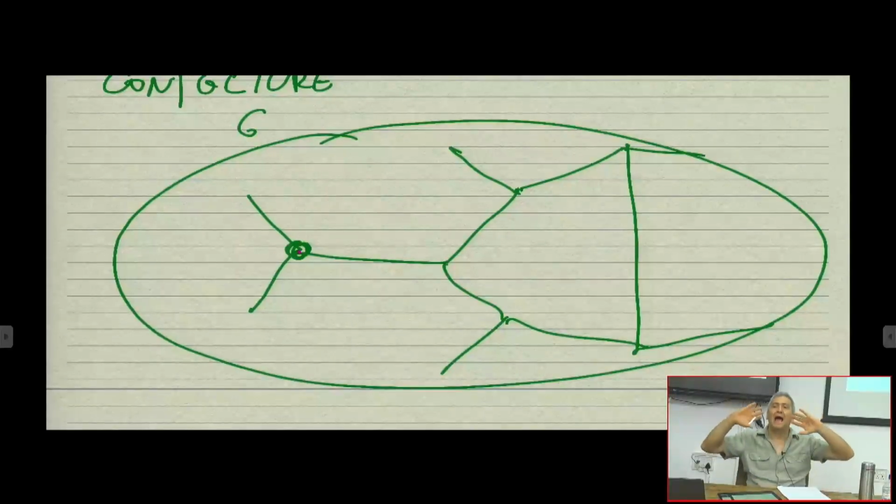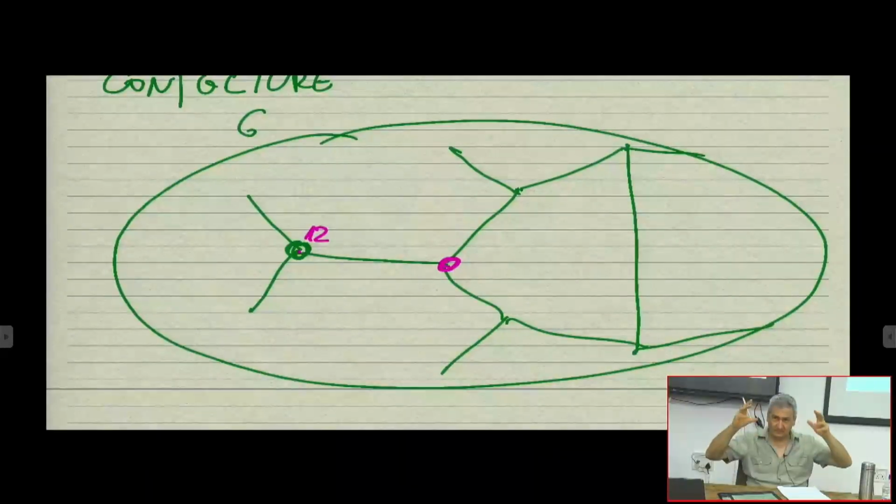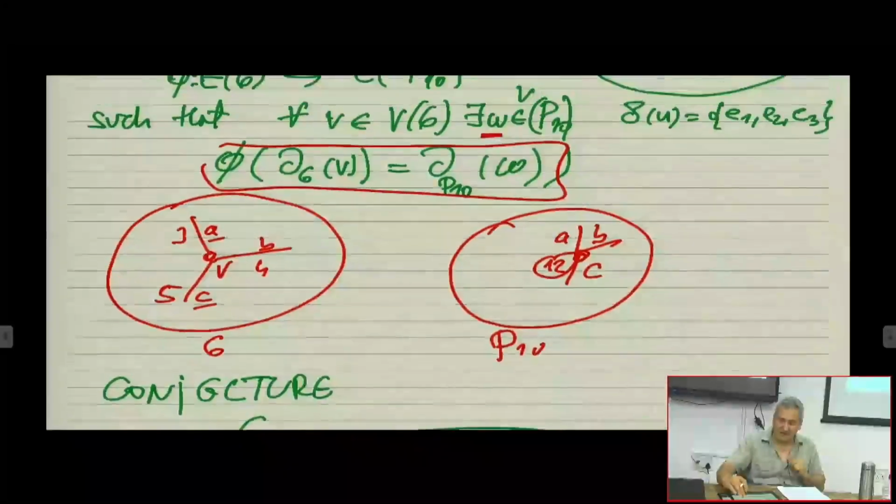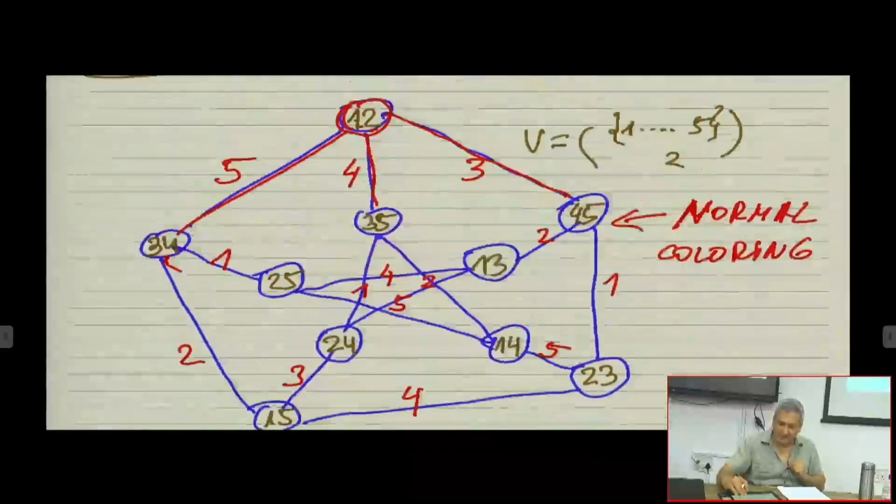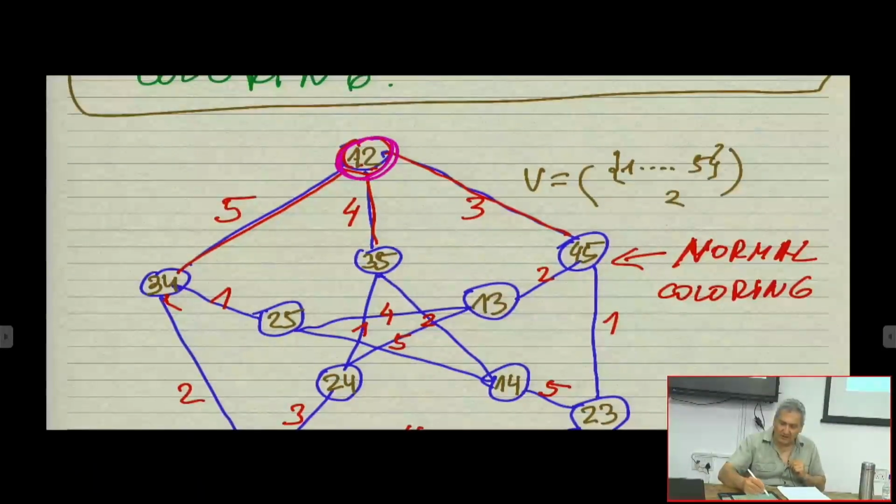So I map vertices of G into vertices of the Petersen graph. Do we agree with this? So let's say this is mapped to 1, 2. This one, if I map, let's say 3, 4. Okay? 1, 2, 3, 4.